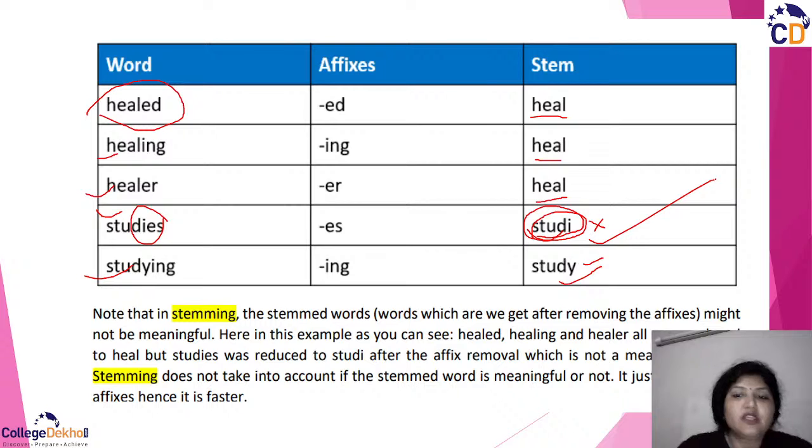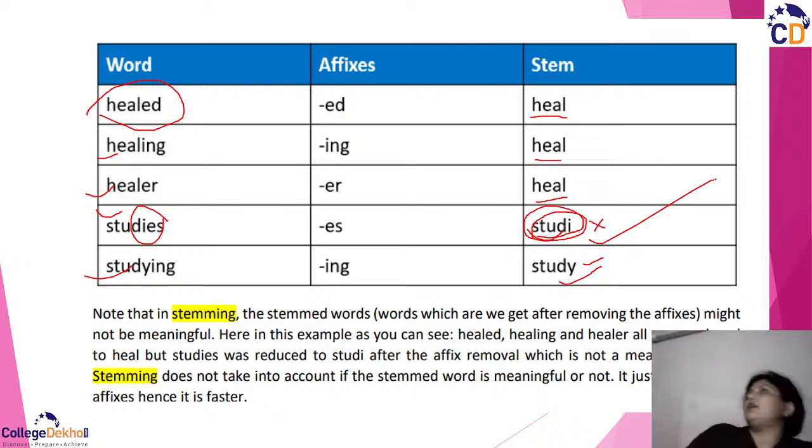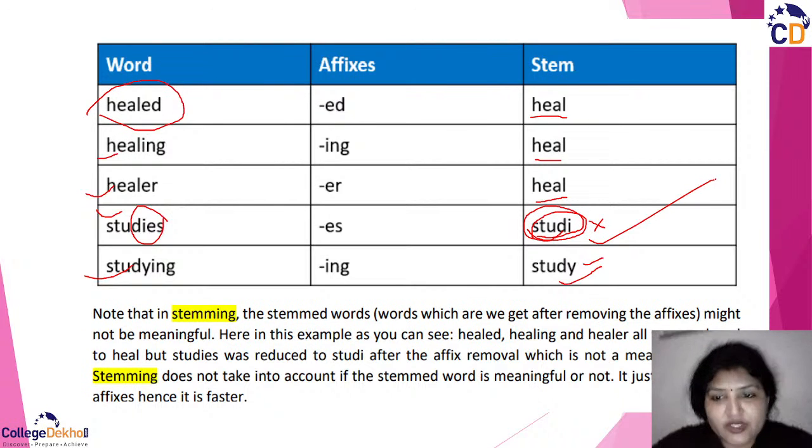But we also need to understand why there is a need to remove the affixes, because we need to generate the TF-IDF, and in the process of TF-IDF we need both stemming and lemmatization, right? Stemming does not take into account whether the stem word is meaningful or not. It is not its responsibility; it is just an algorithm which removes the affixes part.